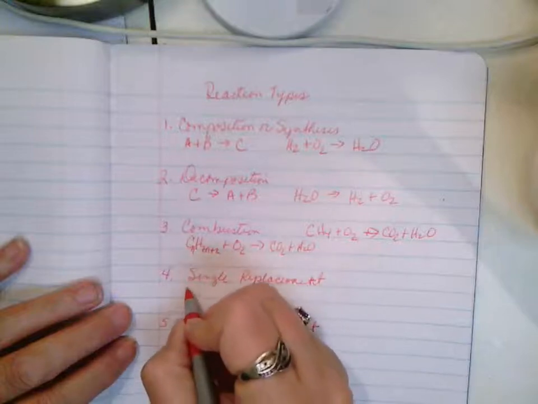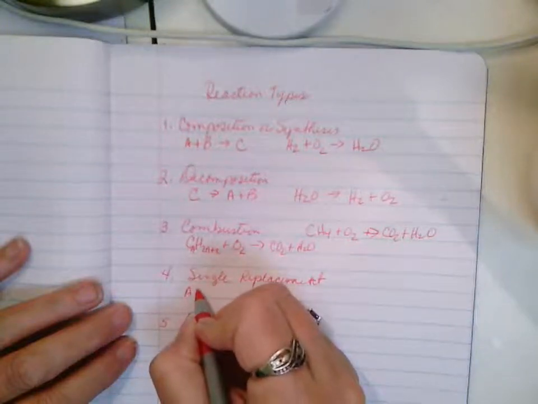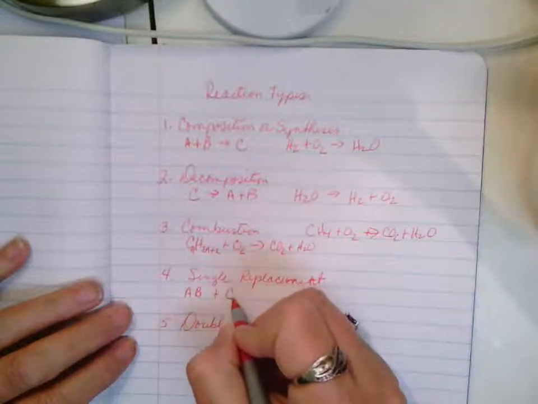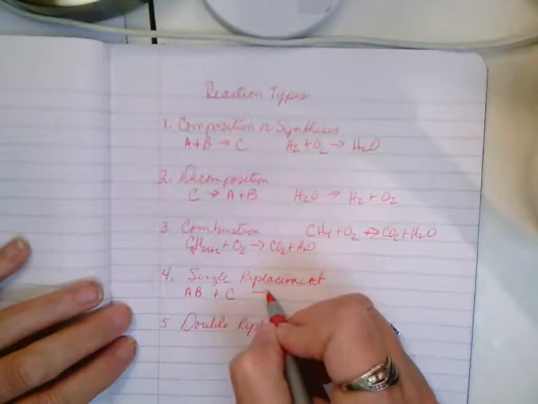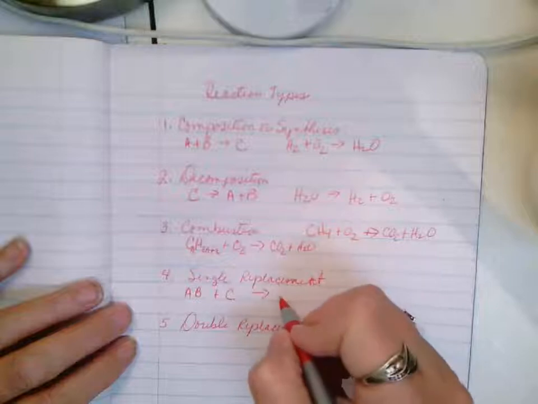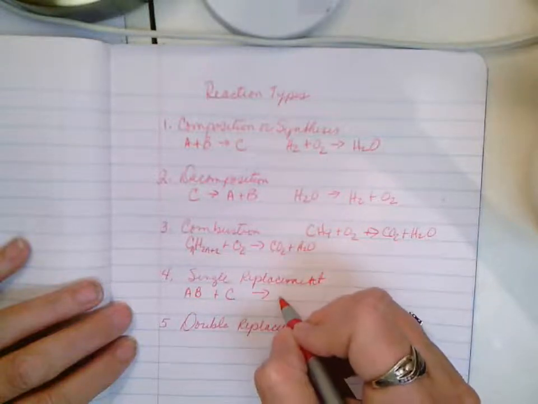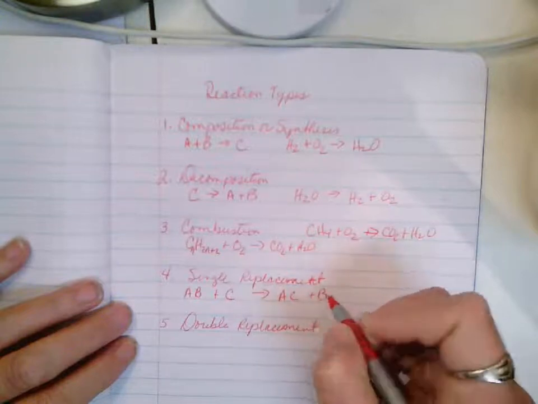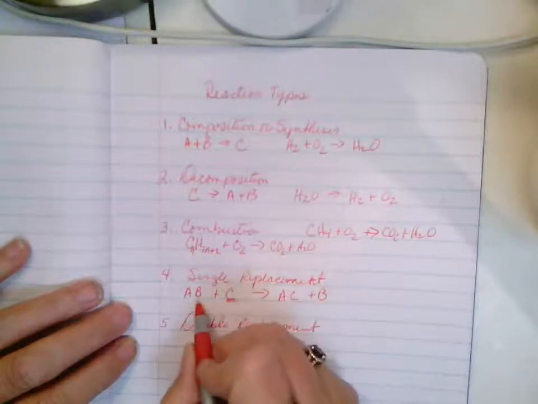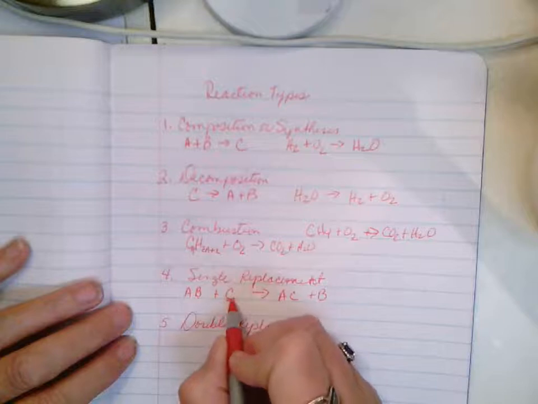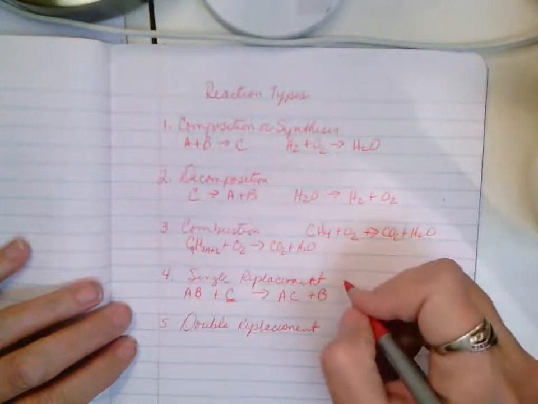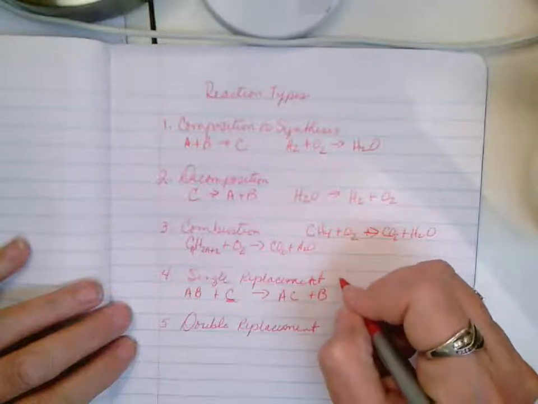Single replacement. So we have A, which is our cation, B, which is our anion, and we have some other material. It could be an anion or cation, and it would replace one of those two. So we would get AC plus B. So if C is an anion, it would replace B. If C is a cation, it would replace A. So let's do 2 examples.